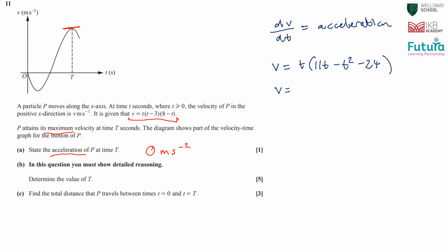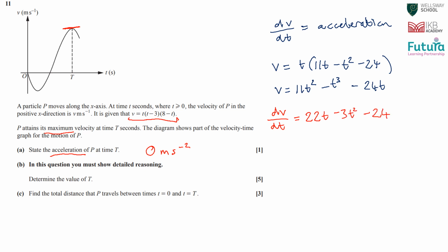And then if we expand this out, we get 11t squared minus t cubed minus 24t. So what we can do now is differentiate this, because when you differentiate velocity, you get acceleration. So dv over dt equals 22t minus 3t squared minus 24.